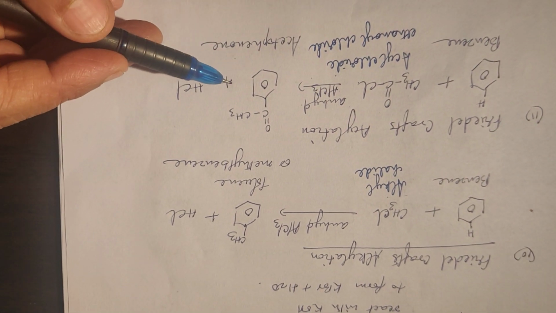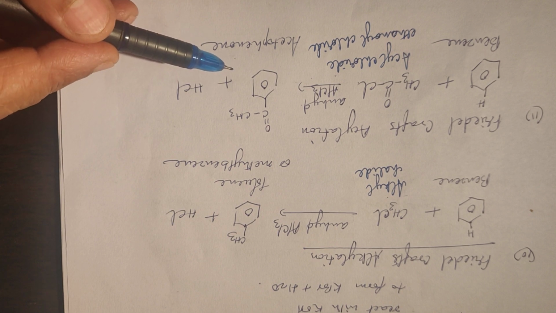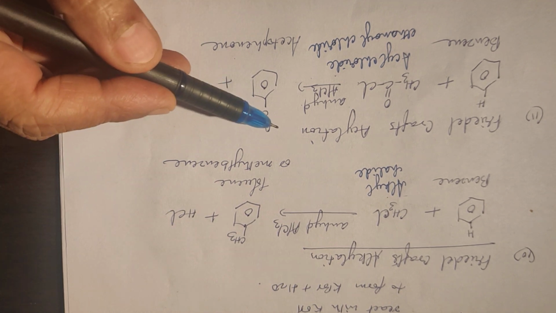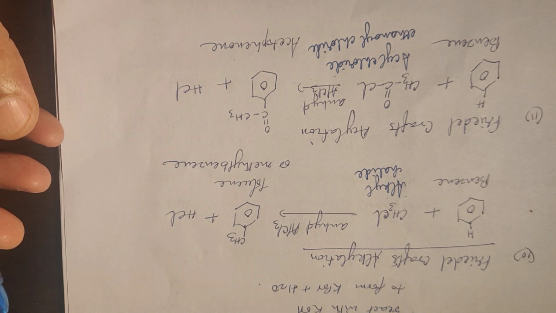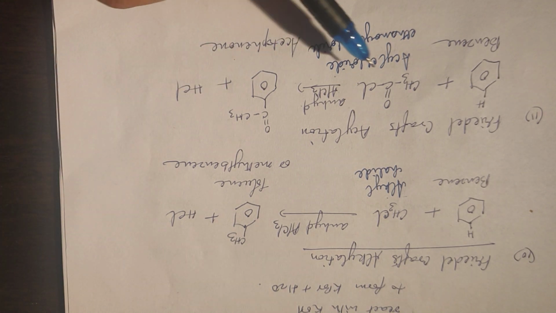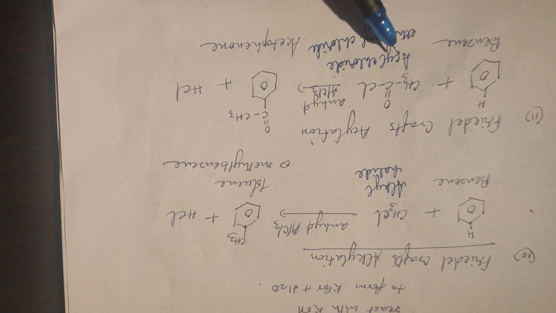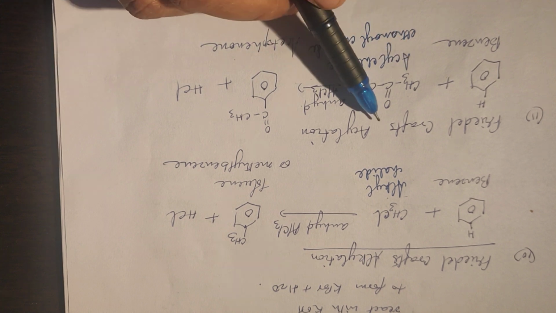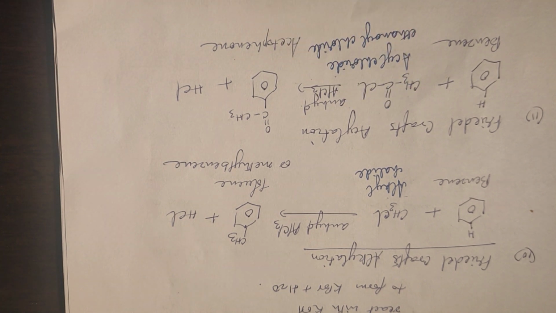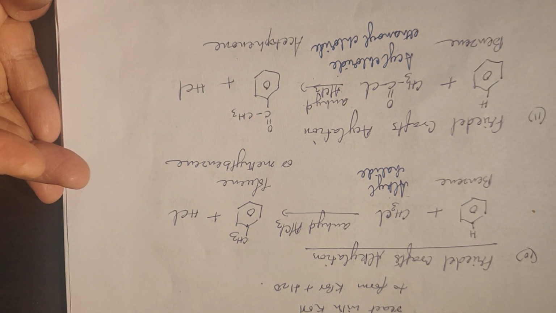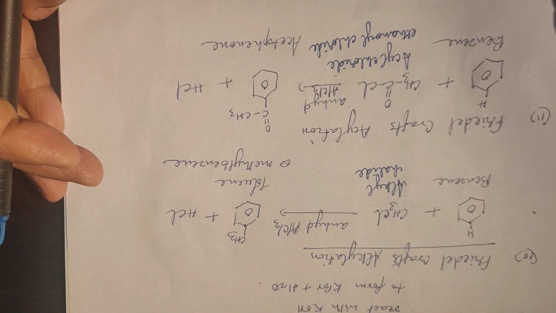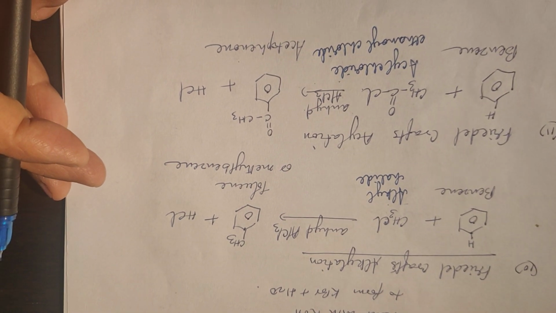And what you get is acetophenone. This is Friedel-Crafts acylation. Here you can use either this ethanoyl chloride or even an anhydride for this acylation process. So that is Friedel-Crafts acylation.